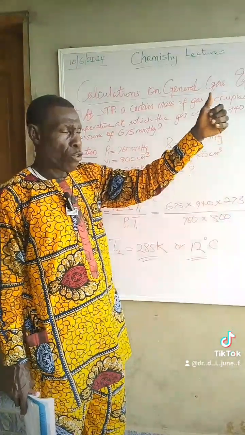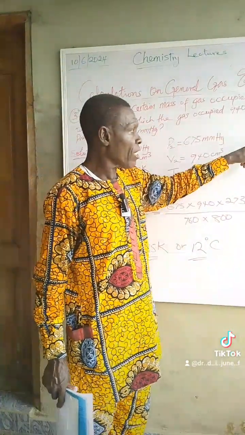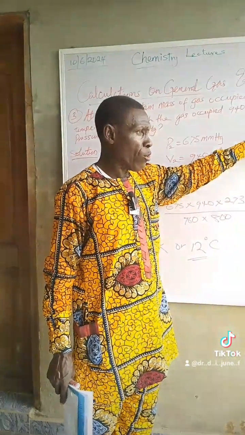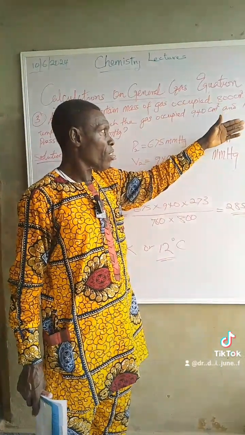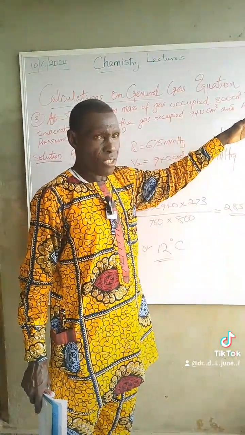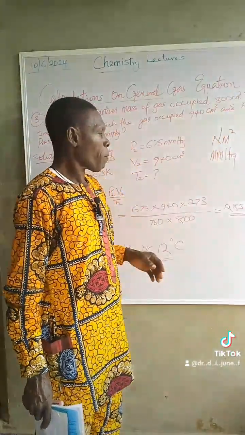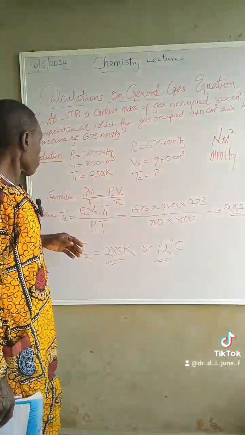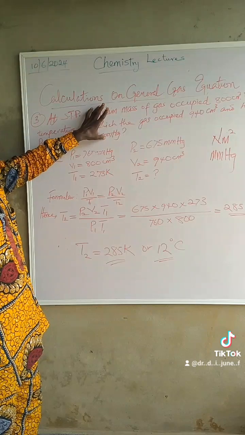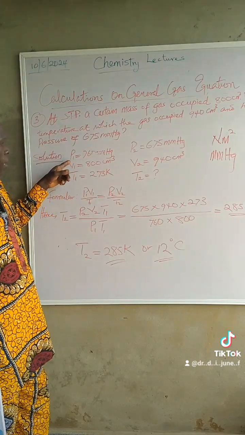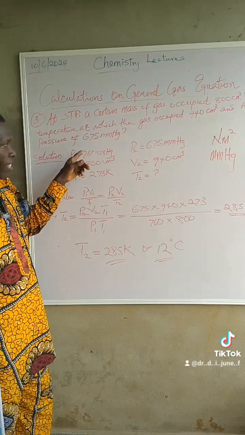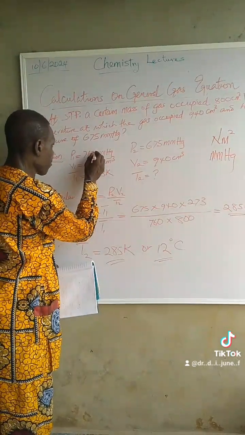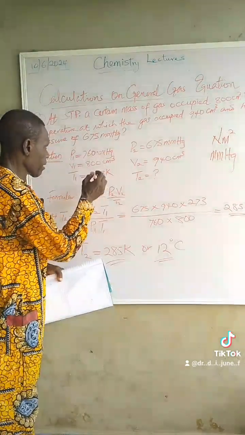Now, in the previous one we solved, the unit was in Newton per meter square, so the pressure was 1.01 something. Now this one, the unit is in millimeter mercury pressure. So from this problem, your initial pressure, because of STP, will be 760, which is a constant.